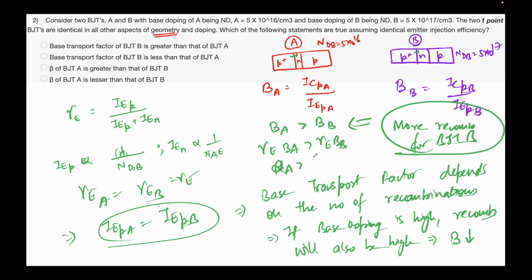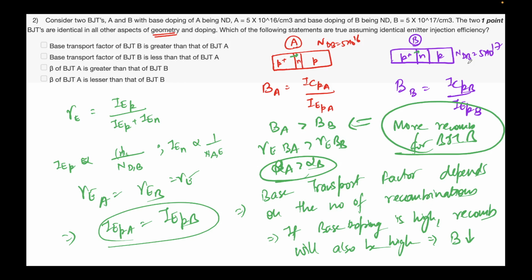So alpha for A will be greater than alpha for B, and if alpha is larger, beta will also be larger. Just put in that expression, alpha upon 1 minus alpha, and you will arrive at that. Essentially, in BJT B more of the holes coming from the emitter are getting recombined, so a lesser amount of them will drift across the collector and reach the final battery terminal.